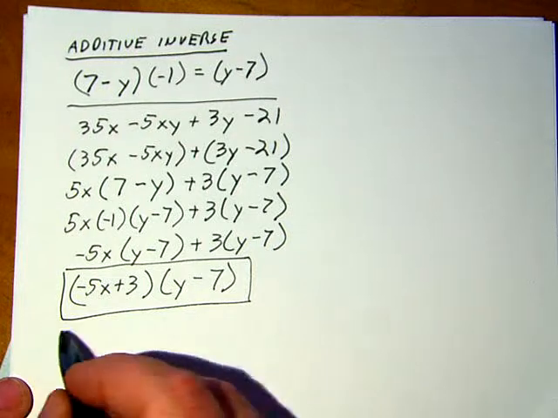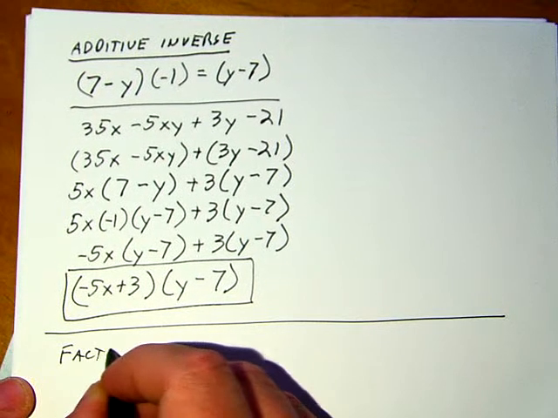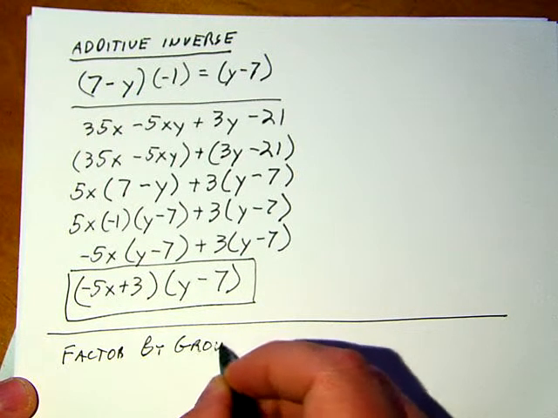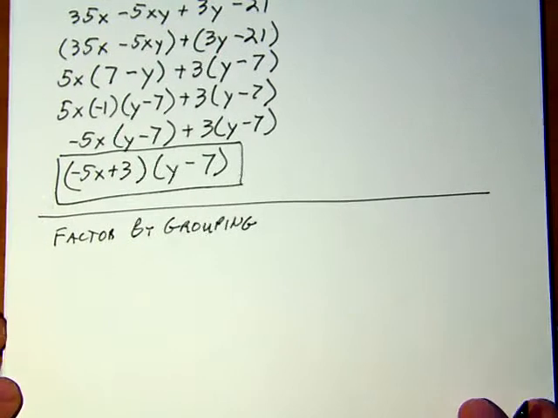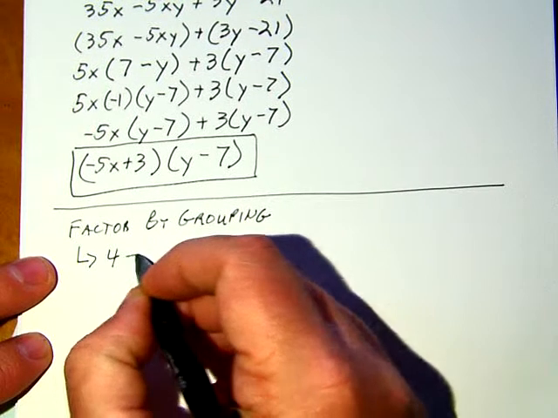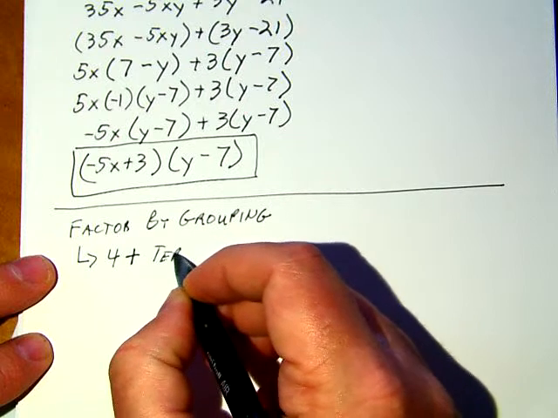So let's take a review. Factor by grouping. Okay, when do you use it? Well, number one, you need to have 4 or more terms in your polynomial.